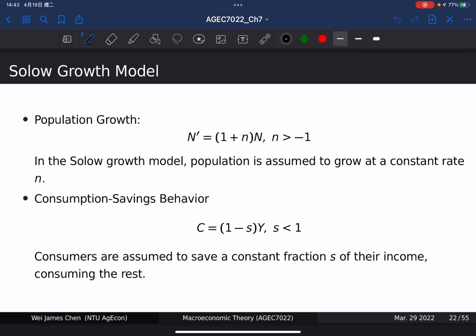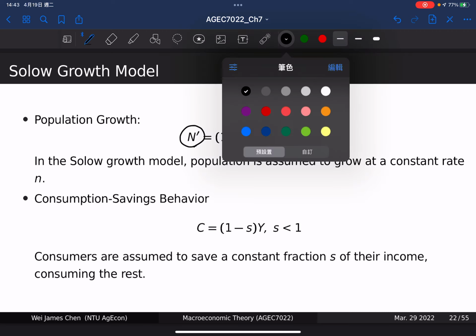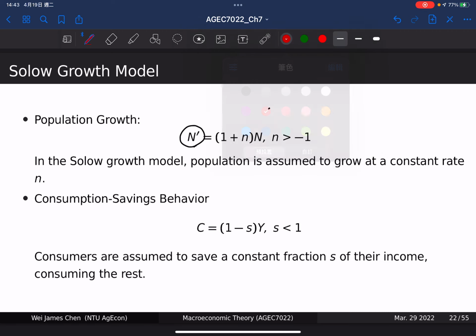this model, different from the previous one, we assume that there is population growth. Okay, so the population for the next period, N', equals N, the current period population, times 1 plus n, the lowercase n.